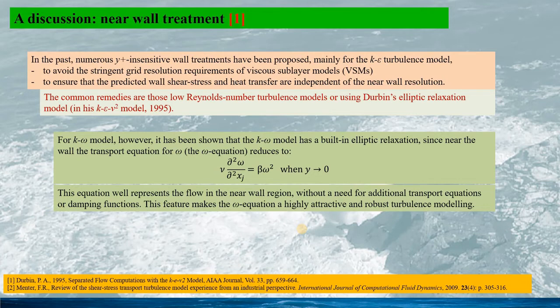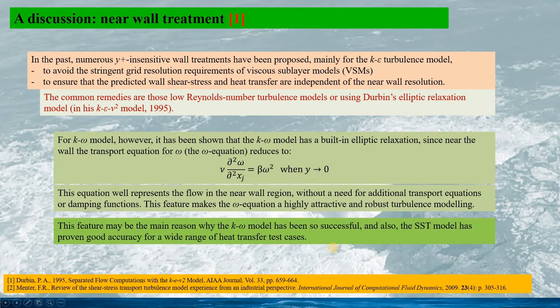Thus, this feature makes the omega equation a highly attractive and robust turbulence model. And this feature may be the main reason why the K-omega model has been so successful, and also the SST K-omega model has proven good accuracy for a wide range of heat transfer test cases.